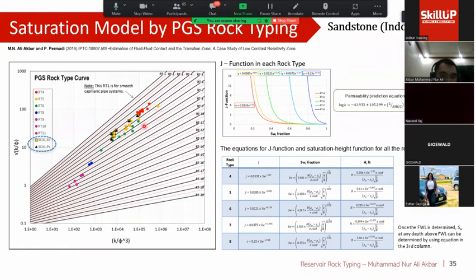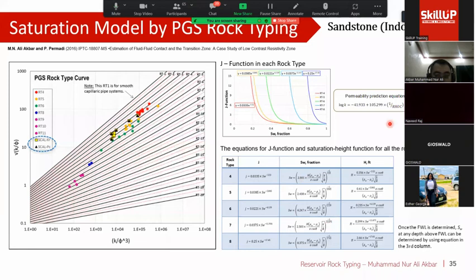However, we have SCAL data here only available from 2 rock types. We don't have SCAL data from the other rock types. So that's why we have to predict how to define the capillary pressure data of these other rock types. Once we get this prediction of the capillary pressures into the J functions, we try to predict our saturation function based on the J function that we created from here.